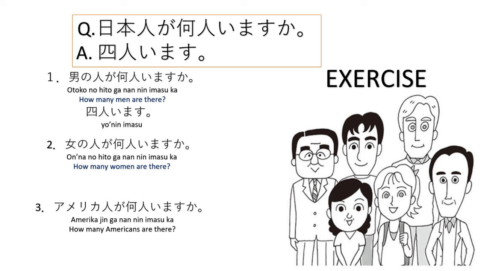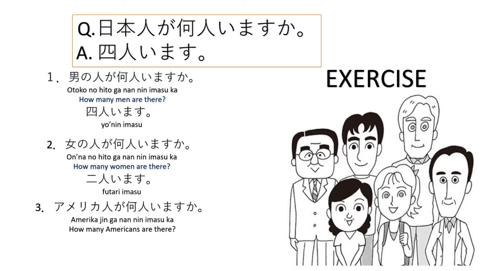Next. 女の人が何人いますか? How many women are there? Let's count. 1, 2. So there are 2 women there. So we say for 2 women, 2人います. 2 persons. There are 2 persons.